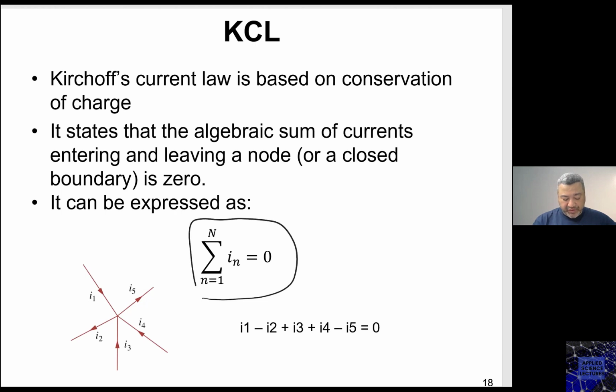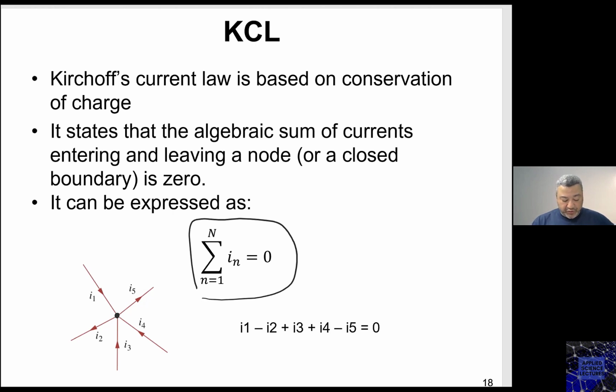So in this case, if I am to represent this summation, I need to define the positive and negative for those currents based on entering or leaving. If I am to write the KCL equation for this node, I need to adopt a convention about the direction of the current.